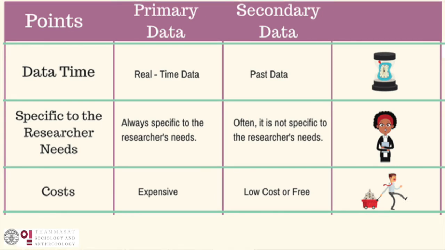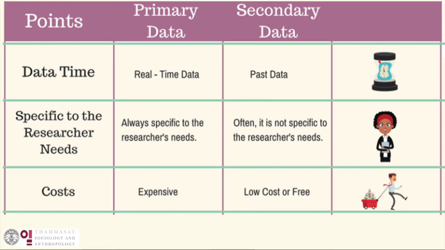The other difference is that primary data is specific to the researcher's needs in the researcher's project. With secondary data, we come across these things and we may be very fortunate in finding information that fits our research question, but often we have to do with second best.